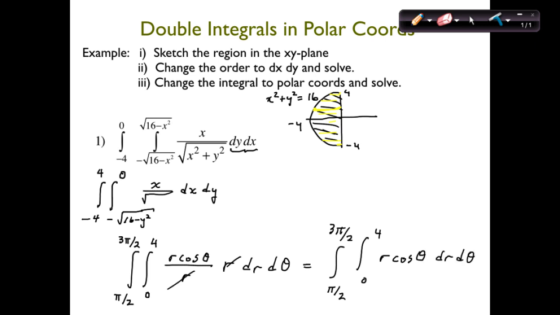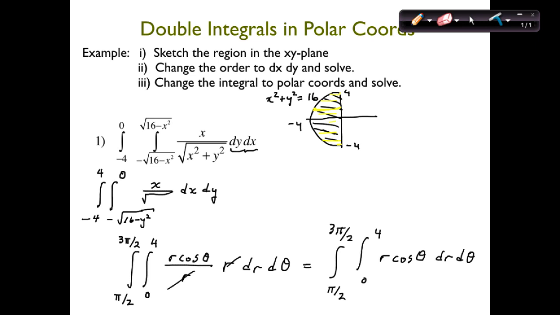So now, the given integral, this double integral, and this double integral all have the exact same value. They're just different ways of expressing the same thing. So if you have to find that value, what are you going to use? You want to integrate x over square root of x squared plus y squared?